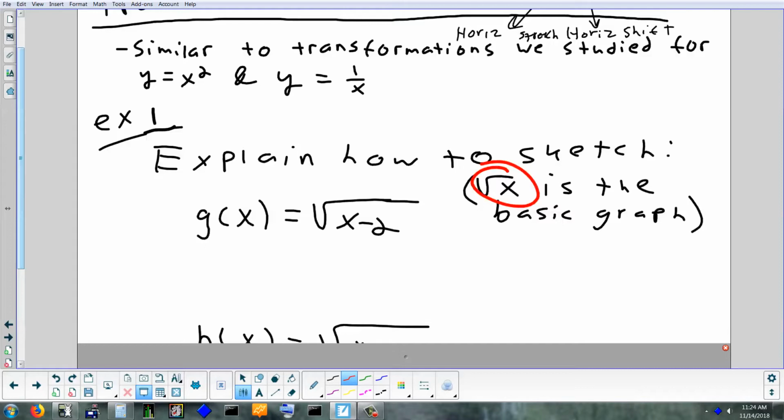Your basic graph is square root of x. I want to know how to sketch the square root of x minus 2. So you'd start out by saying, to sketch g of x, and now I need to explain what I would do. What would you do with the square root of x to turn it into g of x?